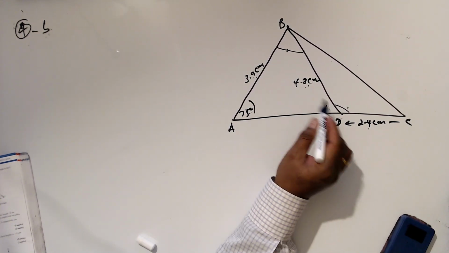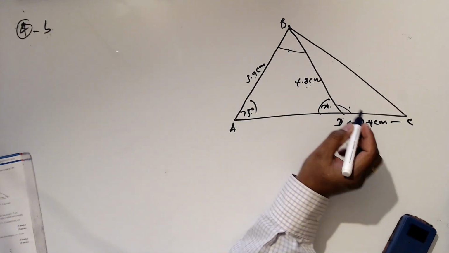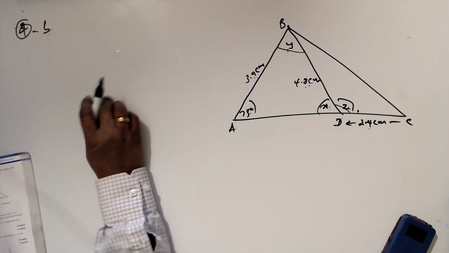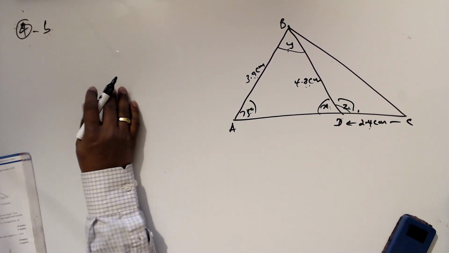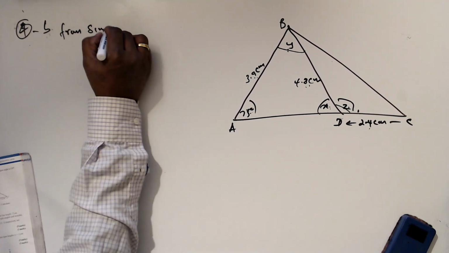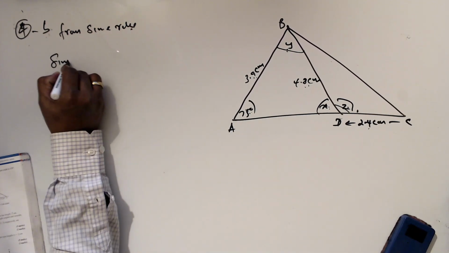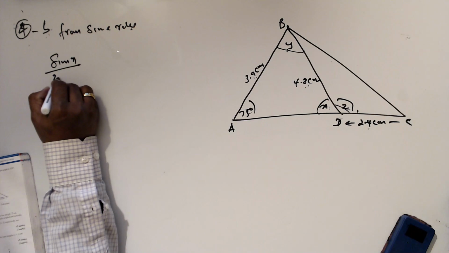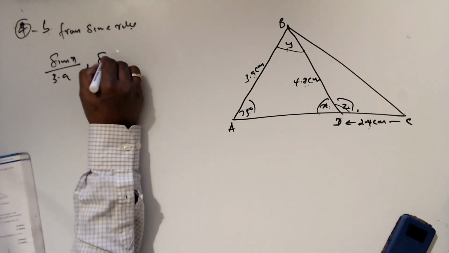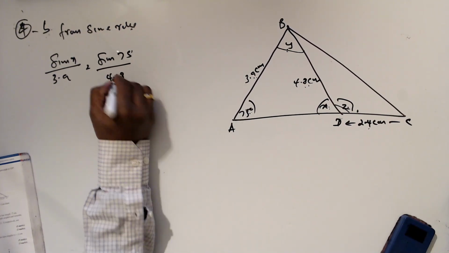So we'll start with the sine rule. Let me name these angles X, Y, and Z. Then AC. From sine rule, sine X over 3.9 equals sine 75 over 4.8.